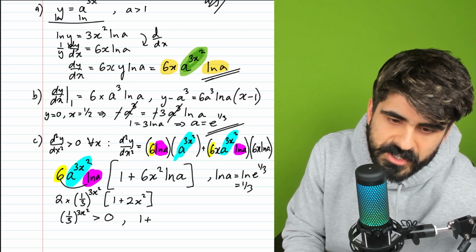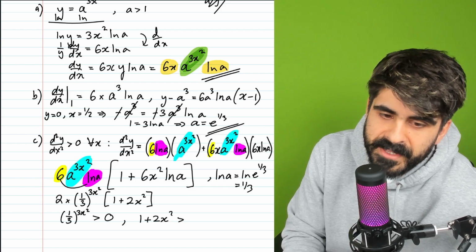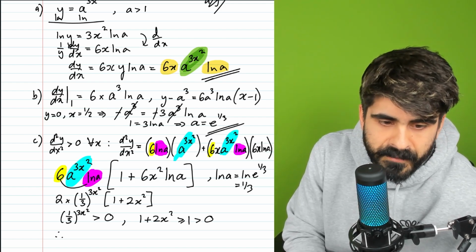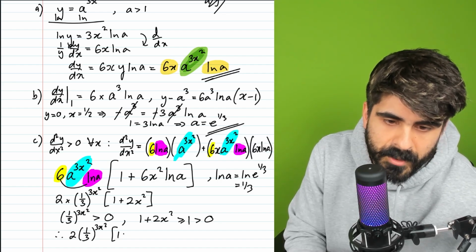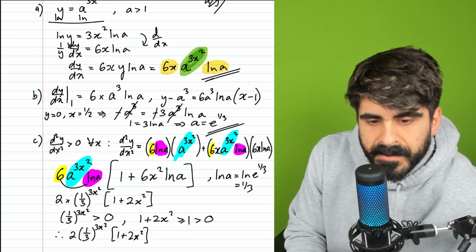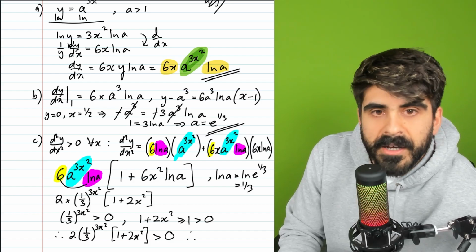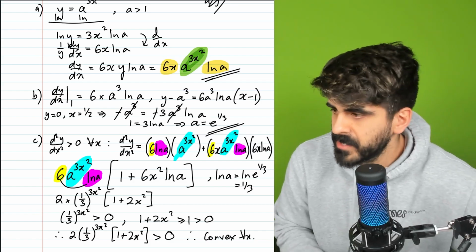And 1 plus 2x squared, x squared is positive, times 2 positive, is actually bigger than or equal to 1, which is positive. Therefore, 2 lots of a to the 3x squared times 1 plus 2x squared is always bigger than 0. Therefore, convex for all x. And that's our answer.